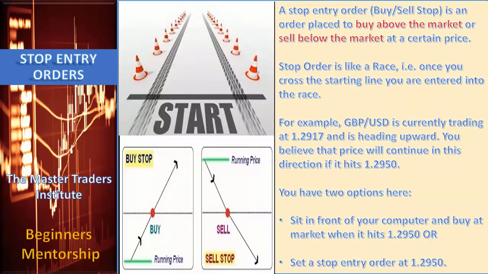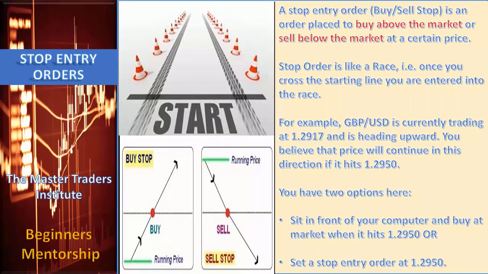A stop order is like a race. Like when they say on your marks, you kneel down, get set, go. You are not entered into the race until you cross the starting line. So when you set a stop order, the order is not executed until the price goes past your stop order price.